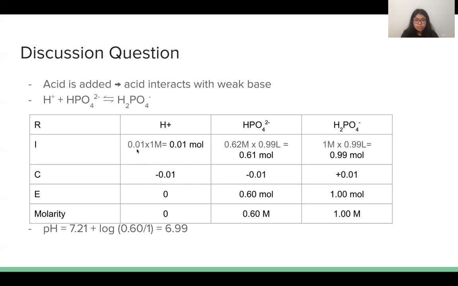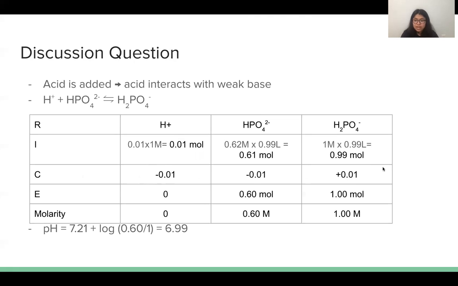We have 0.01 moles of our H+, 0.61 moles of our HPO4 2-, and 0.99 moles of our H2PO4-. Now, because the H+ is added, we look at the change on this side. The H+ is going to get used up, so it is minus 0.01. It matches the 0.01 here.